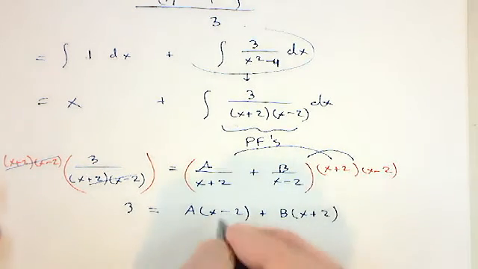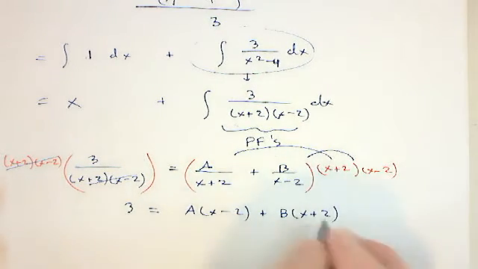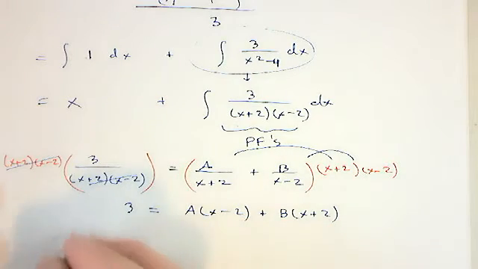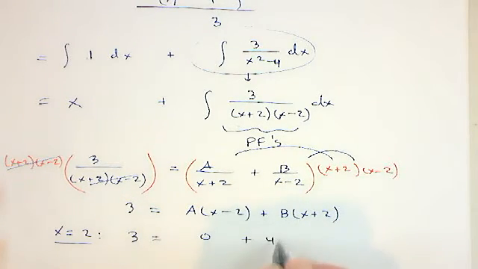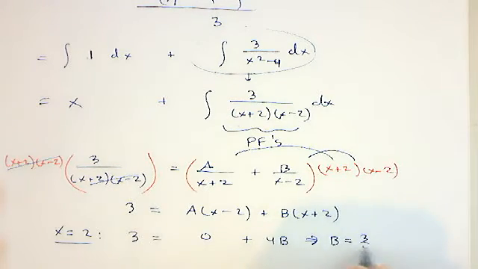I think it's easier if you've got definitely two obvious numbers to plug in and make these equal to 0. That's the best method. So I'm going to let x be 2 first. This is 0. So B equals 3/4. And then I let x be negative 2.